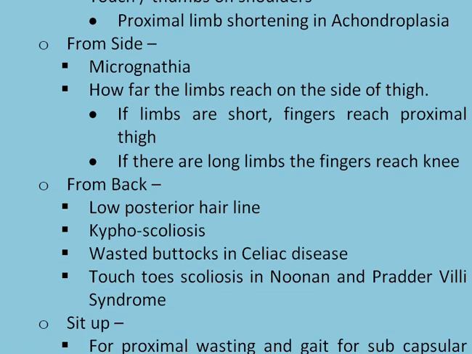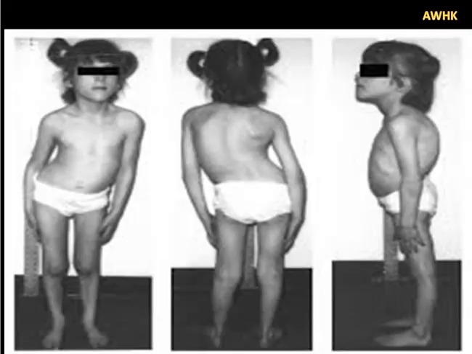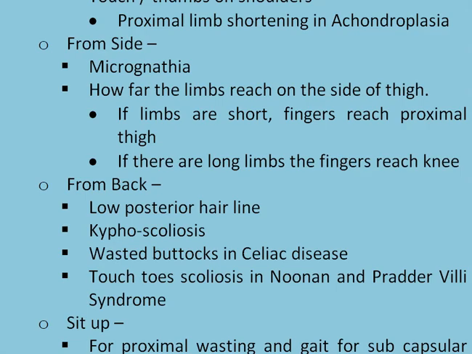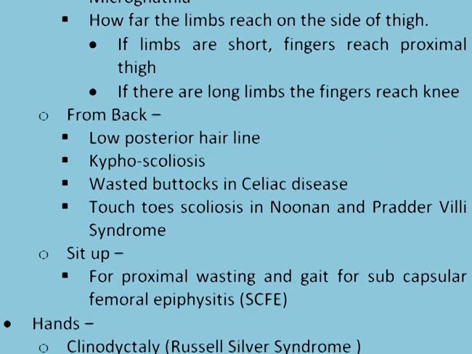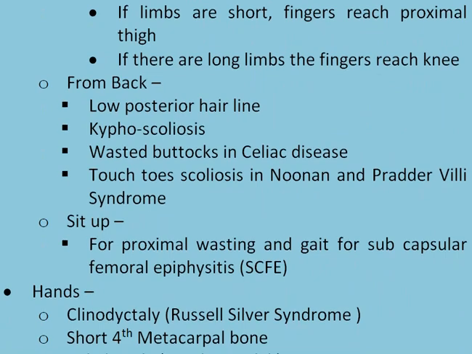Tell the patient to touch toes to see scoliosis, which is present in Noonan and Prader-Willi syndrome. This is a picture of kyphosis and scoliosis. Then you tell the patient to sit up for the proximal wasting and check the gait for slipped capital femoral epiphysis.